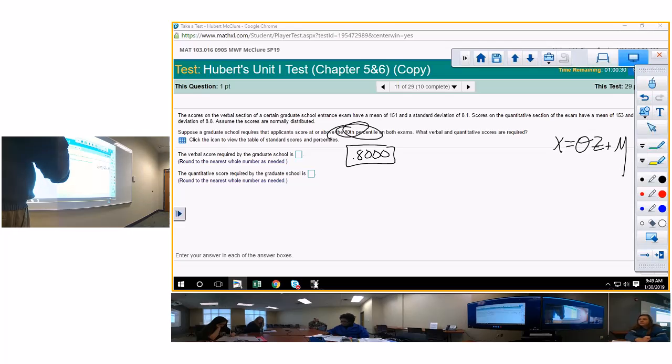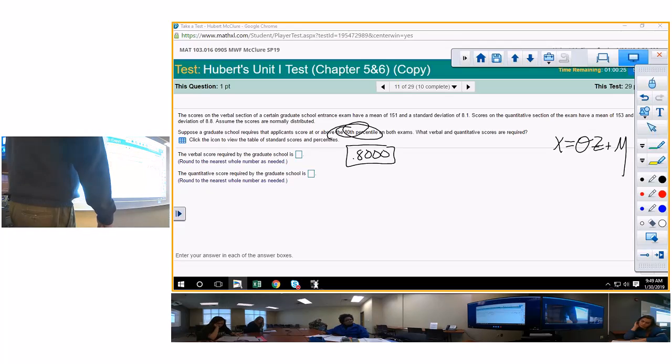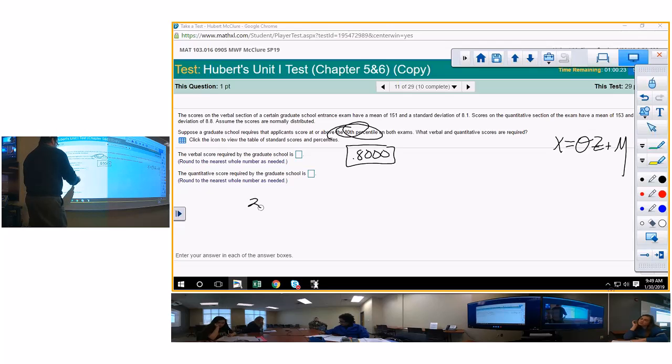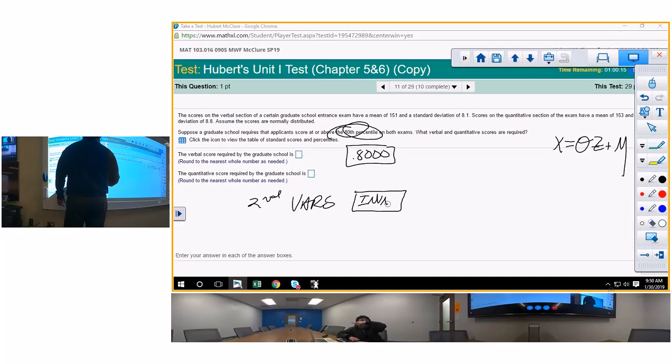So somebody find the z-score for the 80th percentile. Somebody do that. That'd be second, inverse norm, 0.8000. And what do you get?